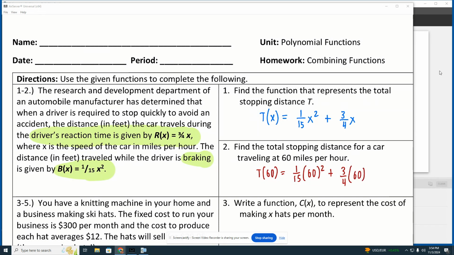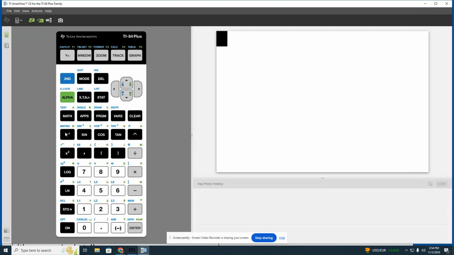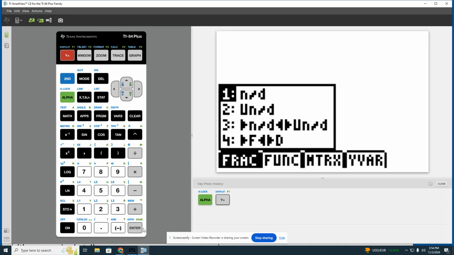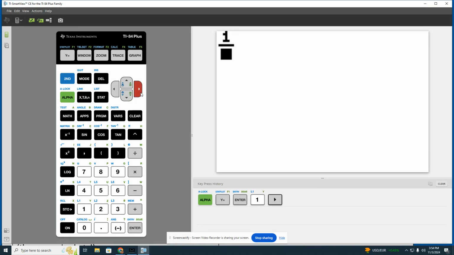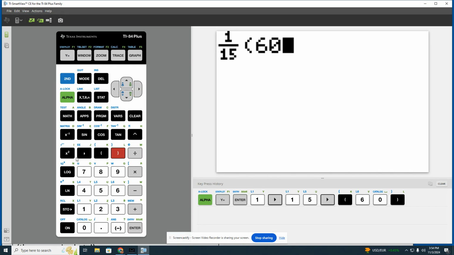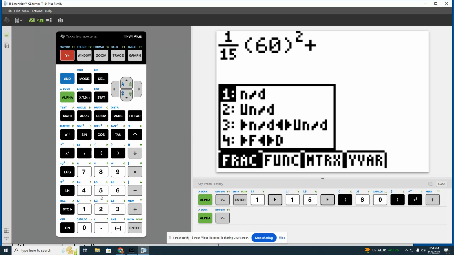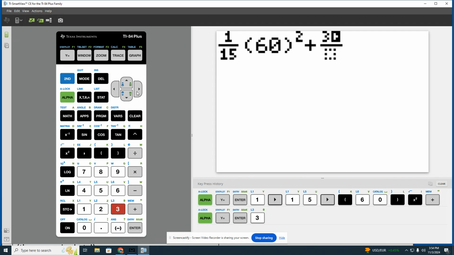So I'm going to type this in, just so you can see. I'm going to use alpha y equals number 1. That is 1 over 15 times 60, close parentheses, squared, plus alpha y equals number 1, 3 over 4 times 60.